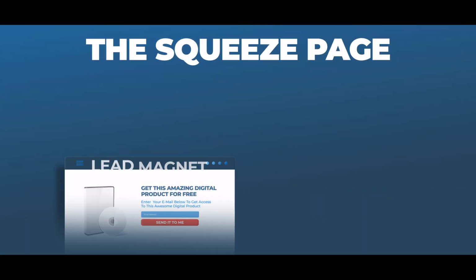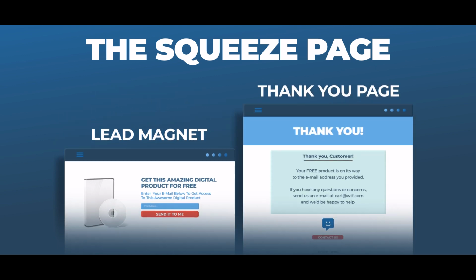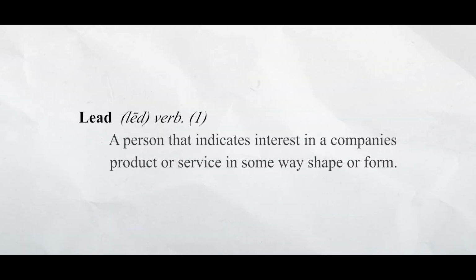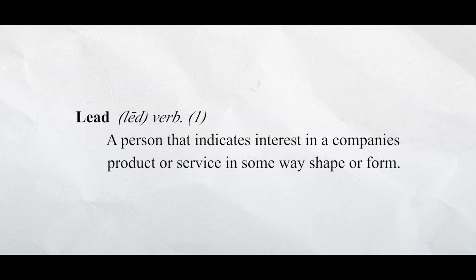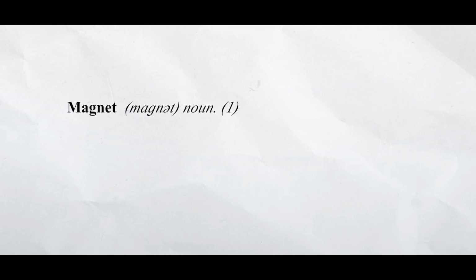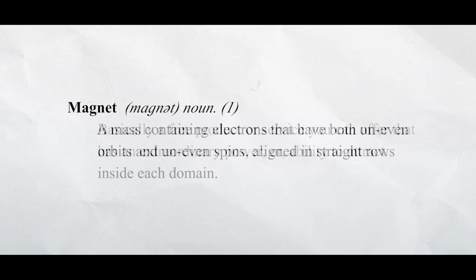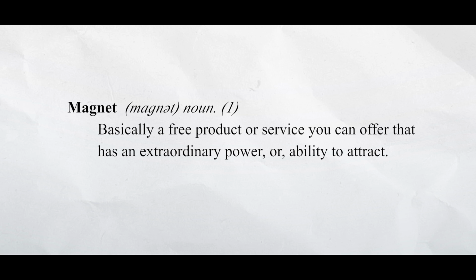So the squeeze page is made up of two pages: the lead magnet and a thank you page. For those that are new, a lead is someone who indicates interest in a company's product or service in some way, shape, or form. In this case, by visiting your squeeze page. A magnet contains electrons that have both uneven orbits. Wrong definition. It's basically a free product or service you can offer that has an extraordinary power or ability to attract.